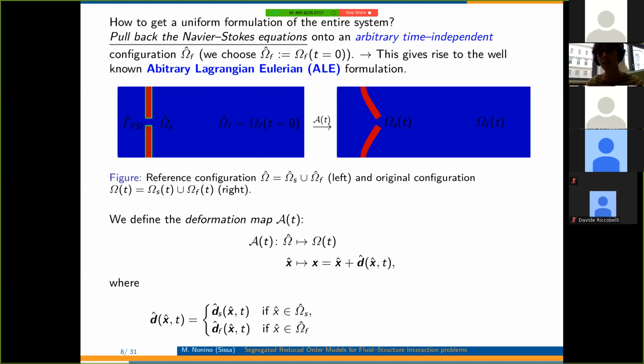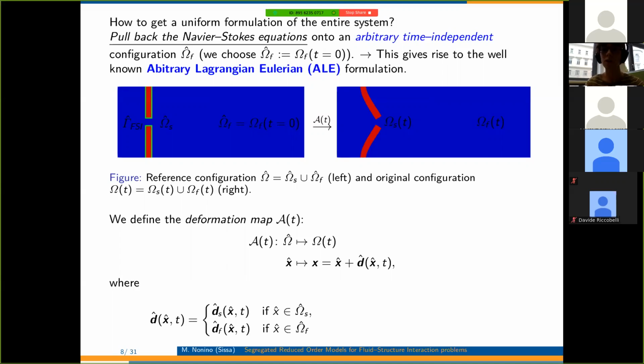So usually this fluid configuration is arbitrary, as I said, but since we are taking as a solid reference configuration the solid domain at the starting time t equals 0, we can also take as the fluid reference configuration the fluid domain at the starting time. And this gives rise to the well-known arbitrary Lagrangian Eulerian formulation.